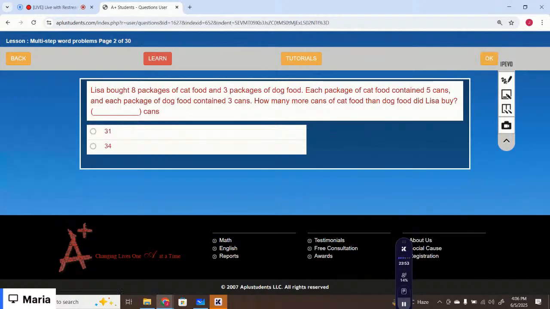Lisa bought 8 packages of cat food and 3 packages of dog food. Each package of cat food contained 5 cans and each package of dog food contained 3 cans.